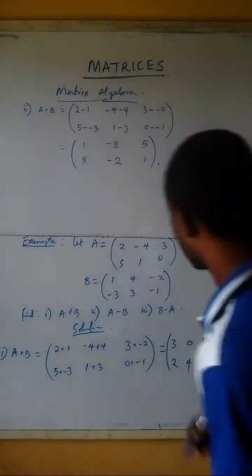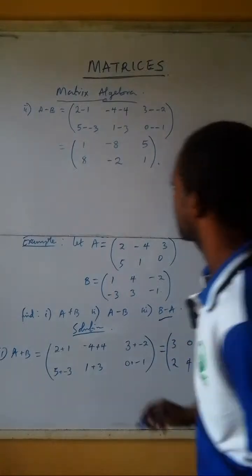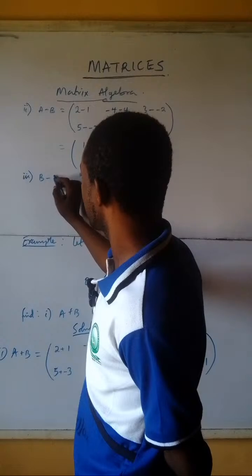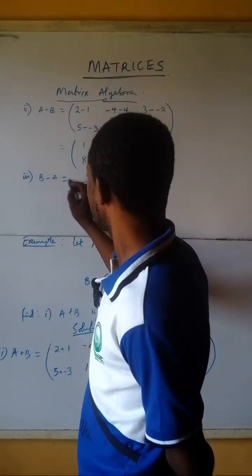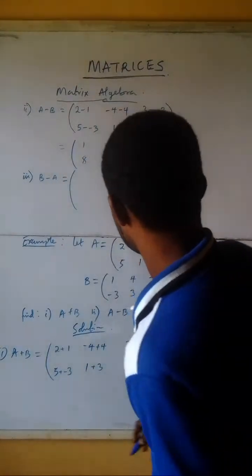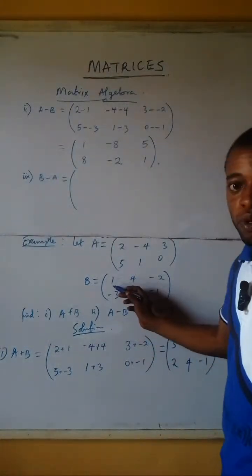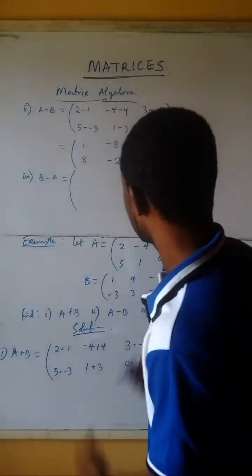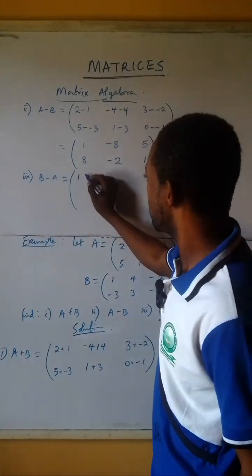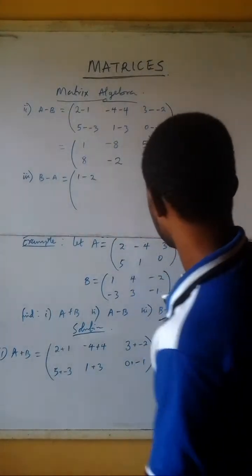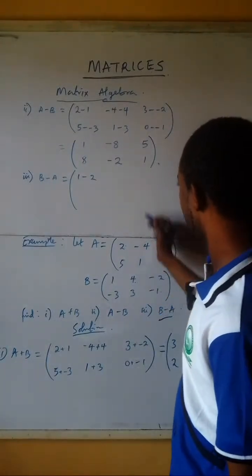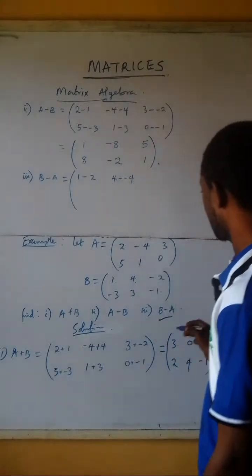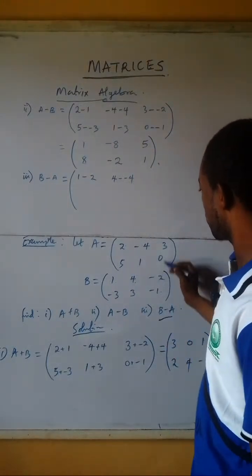Then also we have to find B minus A. That's number 3. B minus A implies B is coming first, so we have to take B first, subtracting the corresponding elements. That's 1 minus 2, then 4 minus minus 4, then minus 2 minus 3.